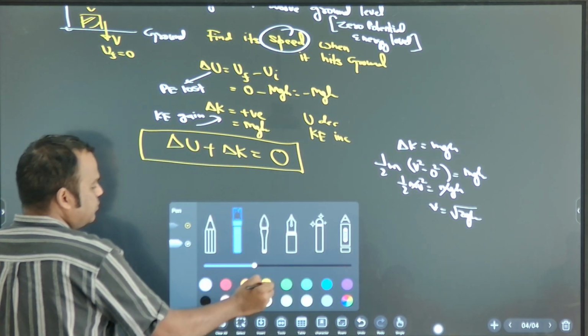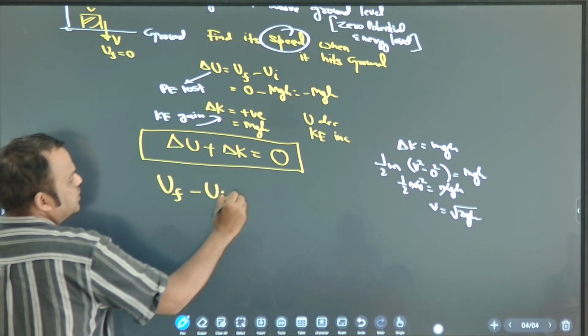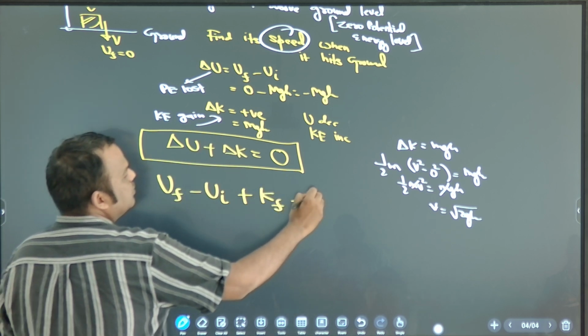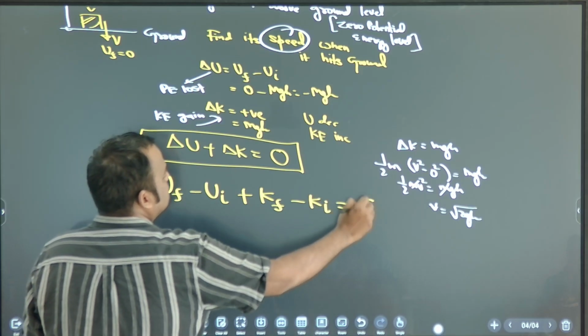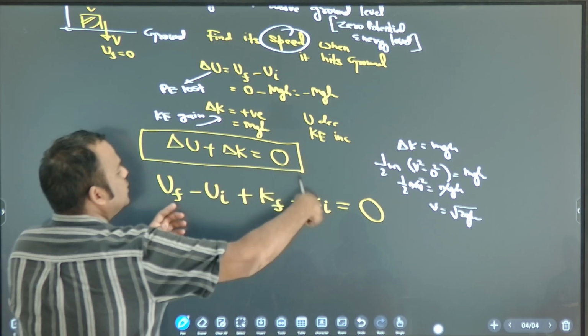Now one more point you can write. What is delta U? U final minus U initial. And what is delta K? K final minus K initial. That is equal to 0. Now final on the left, initial you take on the right side.